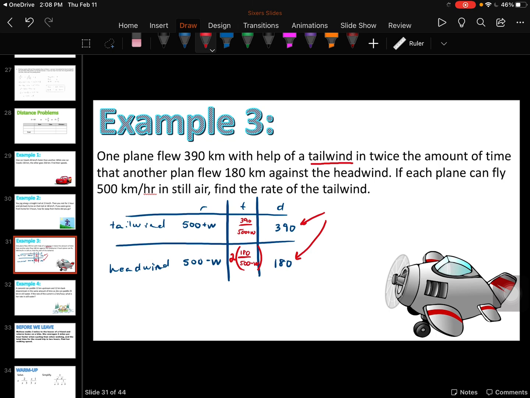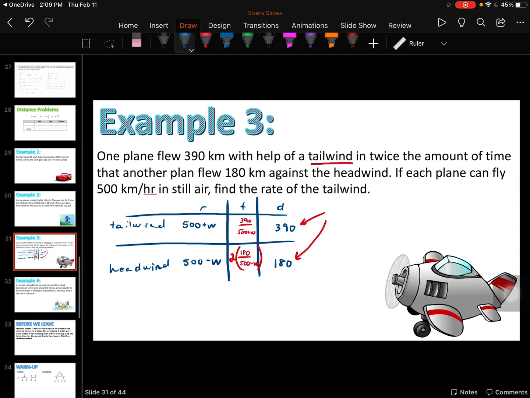Now you could also divide the first one by 2 rather than multiplying the second one by 2, but I think it's easier to multiply than divide. So when we set this up, now we can set them equal because we were able to get their times to be equal. We doubled it, so now they're in the air for the same amount of time.